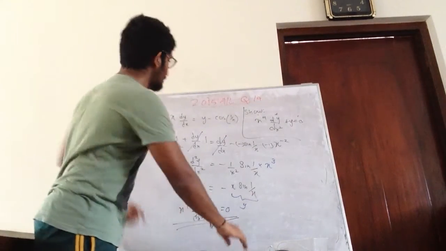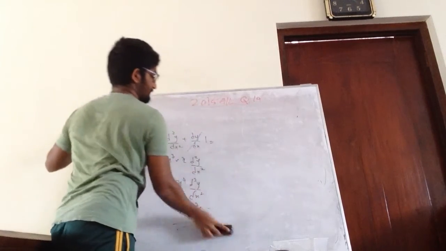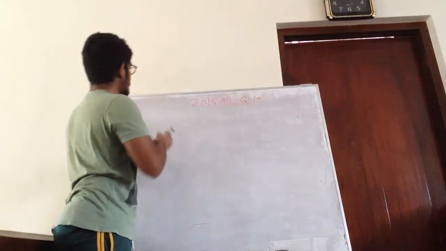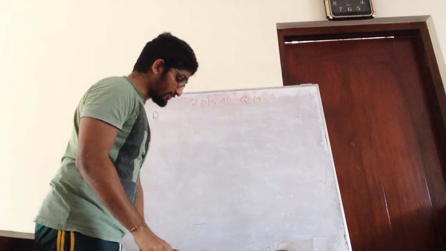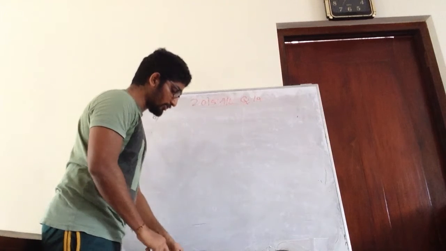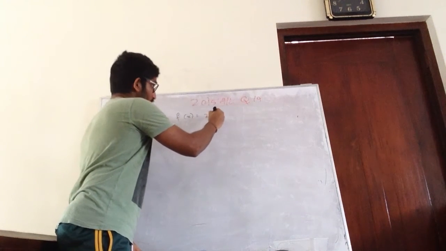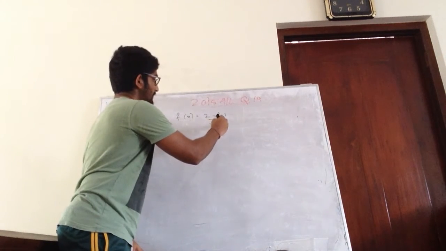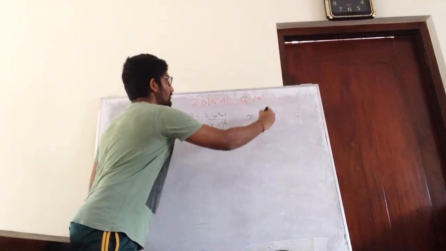So part B. What does part B say? So part B says let f of x be equal to 2x squared plus 1 over x minus 1 squared, where x is not equal to 1.